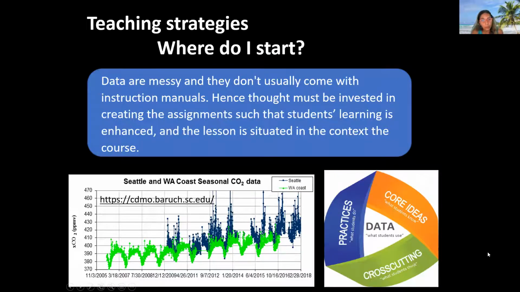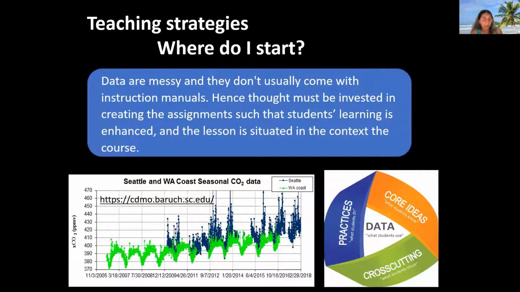Unfortunately, or fortunately to some degree, data is messy and they don't come with instruction manuals. So thought has to be invested in creating the assignment such that the student's learning experience would not be frustrating, but actually will be productive and useful.